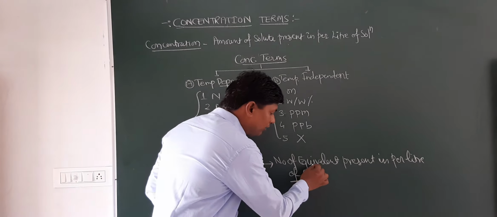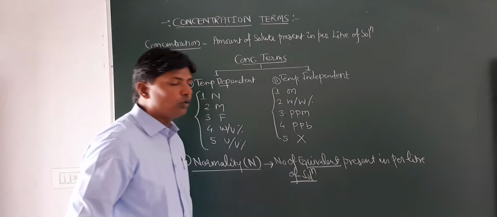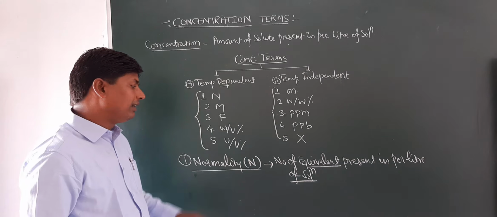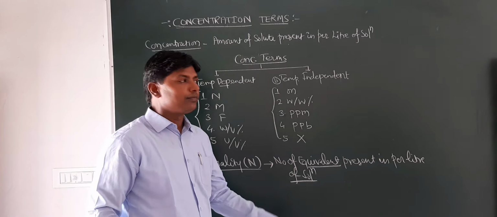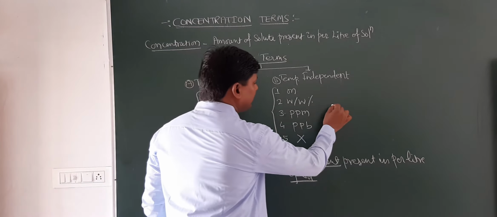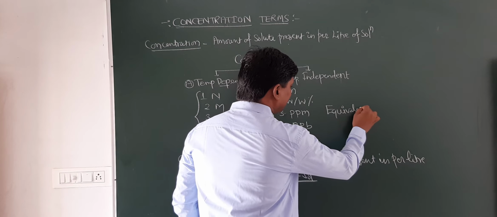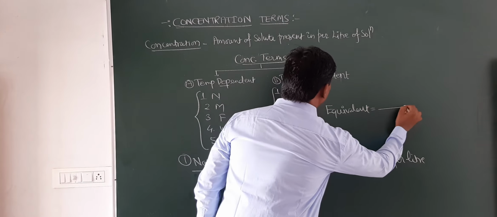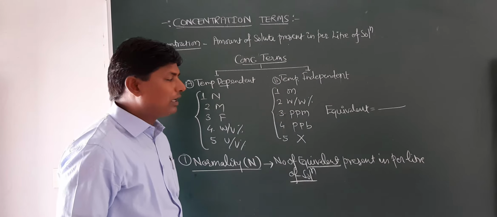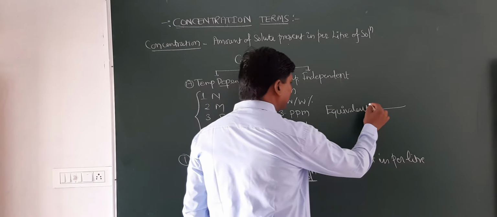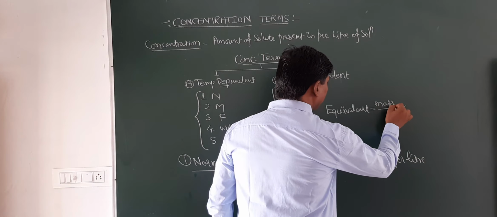So we are using here the term equivalent, so you should be aware of the equivalent. What is the equivalent? You can understand it like this: equivalent is none other than mass of substance divided by equivalent mass.